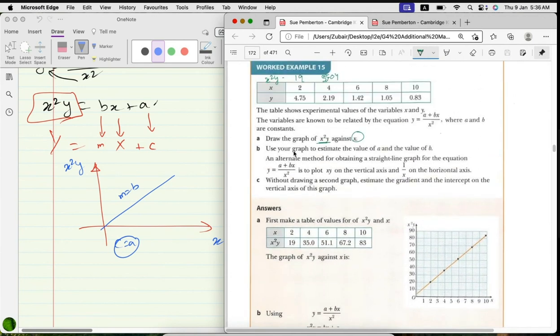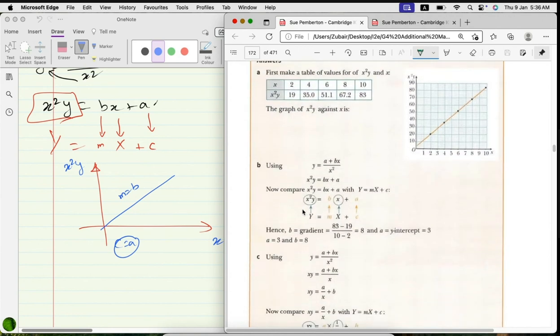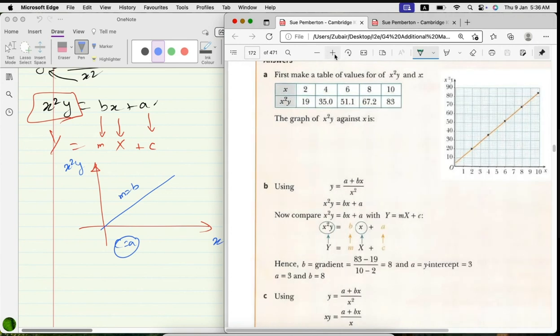Secondly, the B part says use your graph to estimate the value of A and the value of B. So A and B are the gradient and intercept. Now I'm not using the graph for any values; I'm using these exact values. So let's try some different values. For example, he is using 8, 310 and 192.